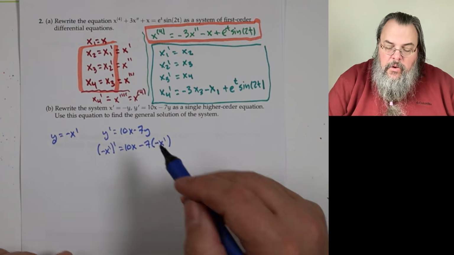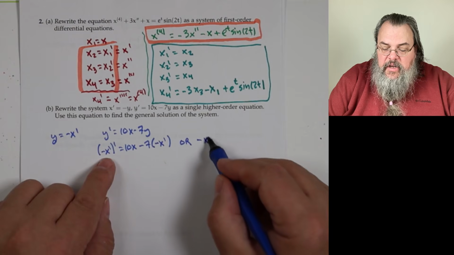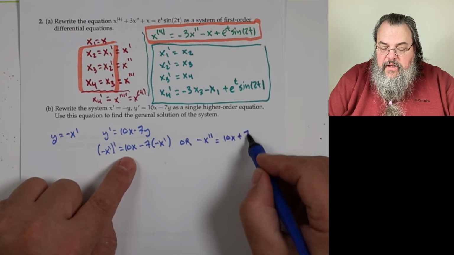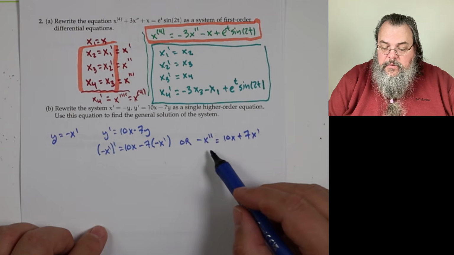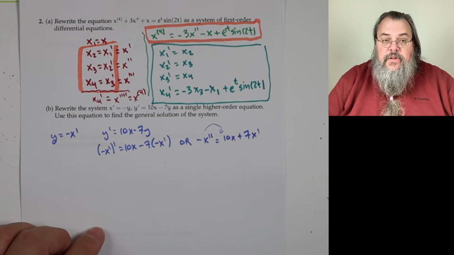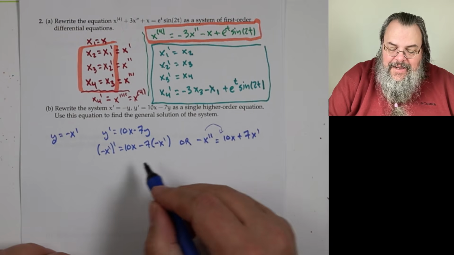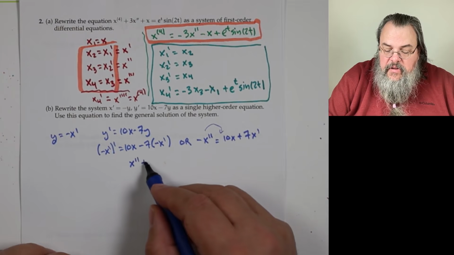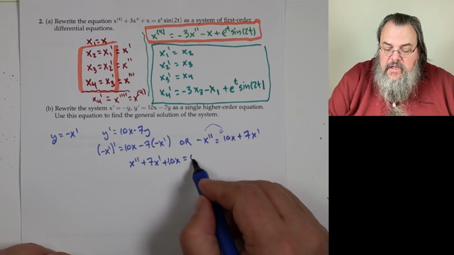Well, that becomes minus x double prime equals 10x plus 7x prime. And we can move stuff around, move the x double prime over, rearrange it so it looks a little bit cleaner. In other words, x double prime, then x prime, then x. And we get x double prime plus 7x prime plus 10x equals 0.